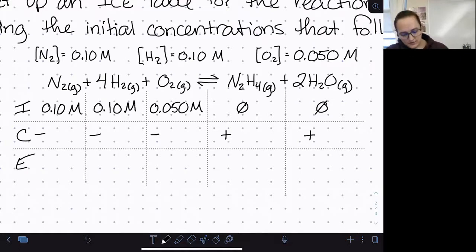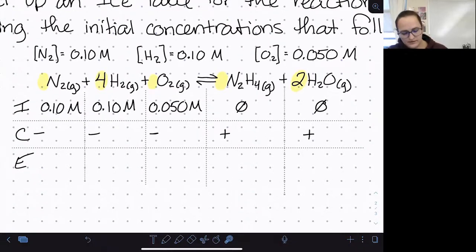So then we need to think about our coefficients. We have some invisible ones here and a few other things. So for every 1 mole of N2 that is consumed, 4 moles of H2 are consumed along with 1 mole of O2. So if X moles of N2 are consumed, 4X hydrogen and X oxygen will be consumed.